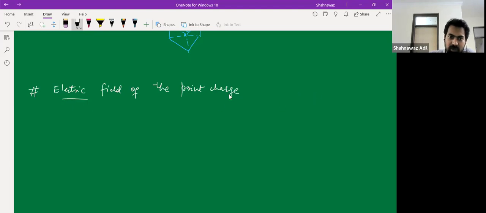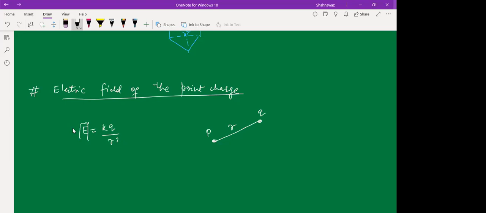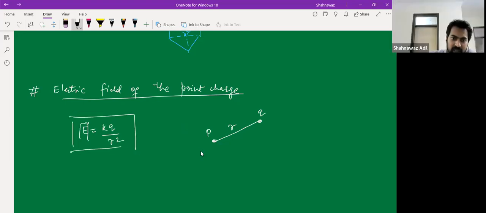Let's say you have this point charge Q and you are calculating the field at this point, some field point P. So this separation is R. So what is the magnitude of this electric field? This is simply KQ by R square. Right, guys?